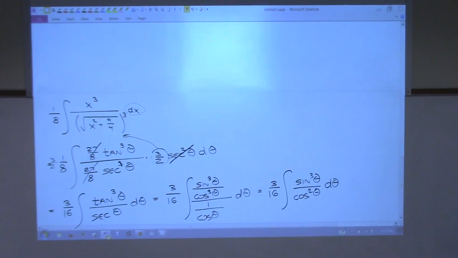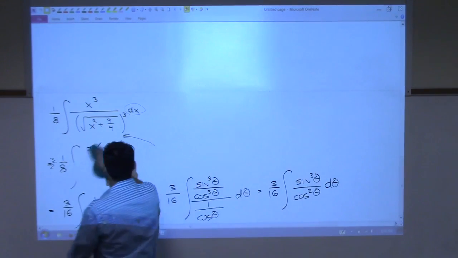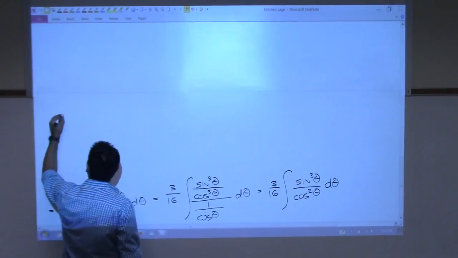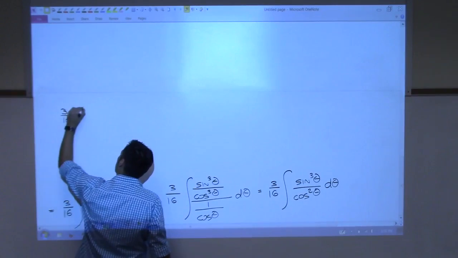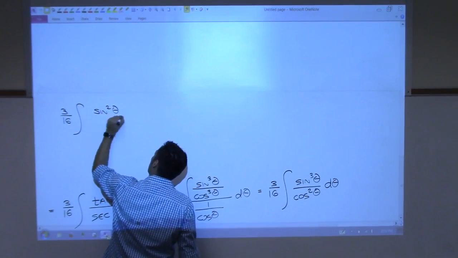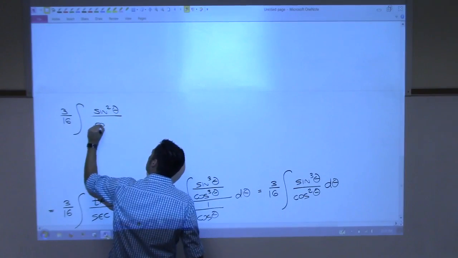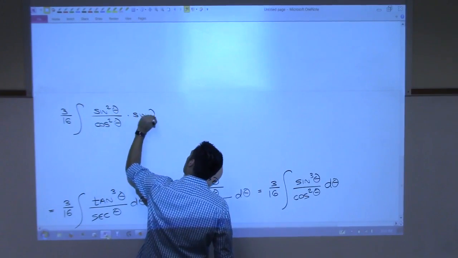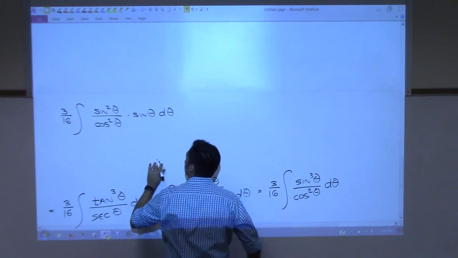And now peel a sine off. When I peel off that sine, I get sine squared theta over cosine squared theta times sine theta d theta.